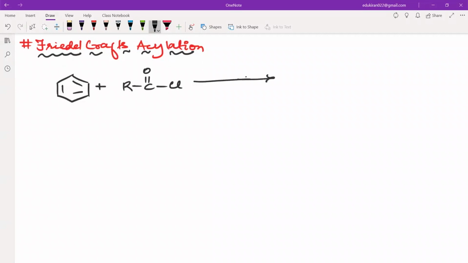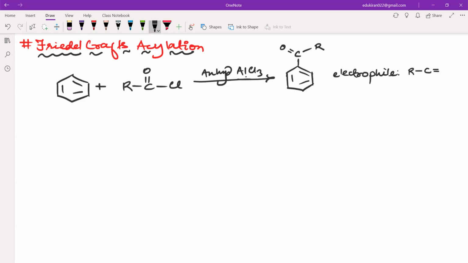Again, in the presence of any Lewis acid, let us say for this case anhydrous AlCl3, and we get C double bond O and R. So since C is bonded to the benzene ring, the electrophile in this case will be R C double bond O positive. This will be our electrophile.